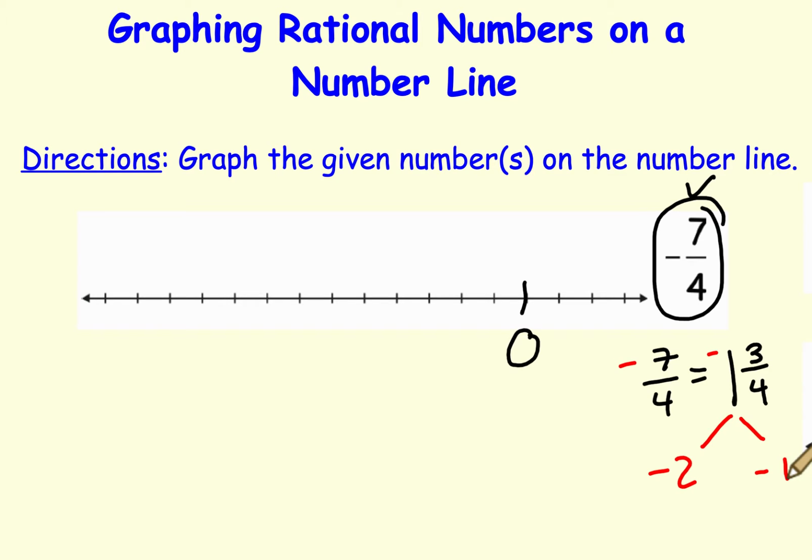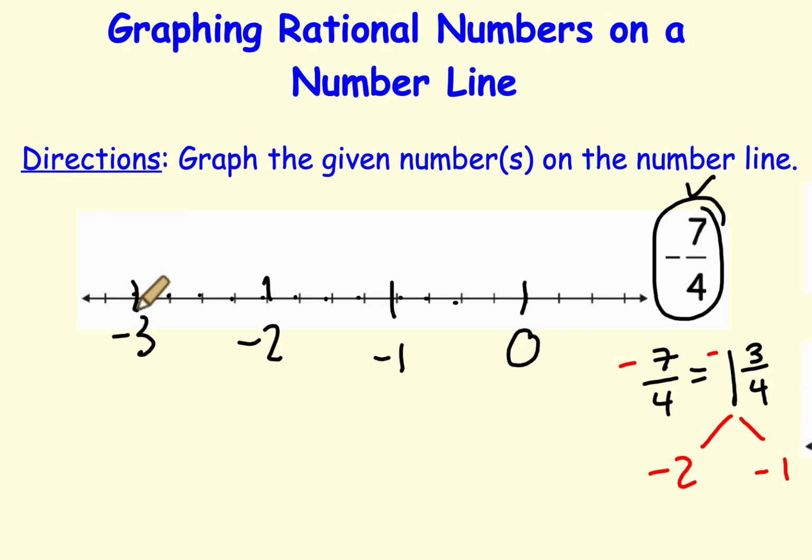So again, if that is marking 0, I go 1, 2, 3, 4, -1, 1, 2, 3, 4, -2, 1, 2, 3, 4, -3. Now I can figure out exactly where -7/4 would go.